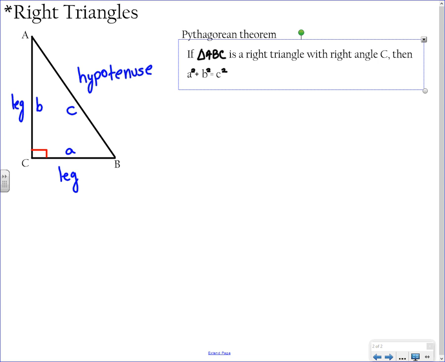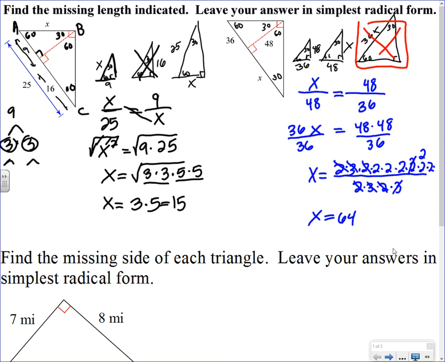The important thing to remember is a and b have to be legs, and c has to be the hypotenuse. I'm going to abbreviate hypotenuse as h. So a and b have to be the legs, and h has to be the hypotenuse.